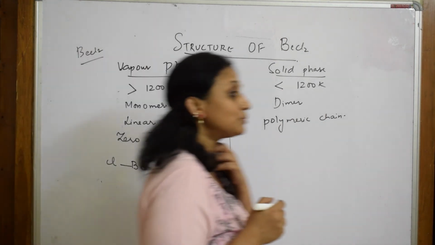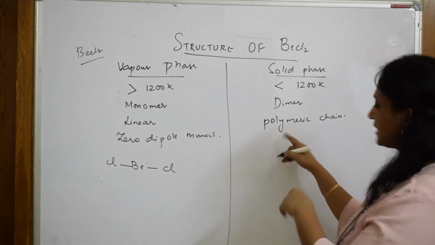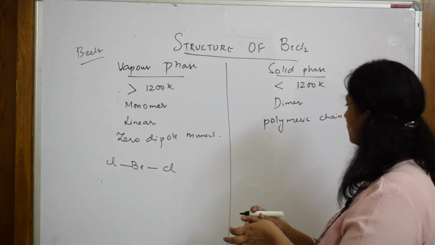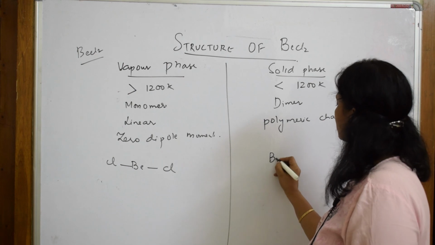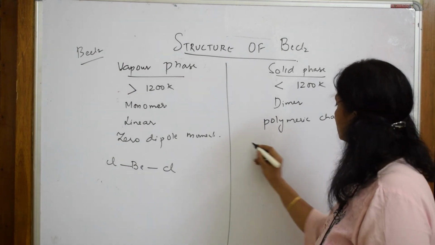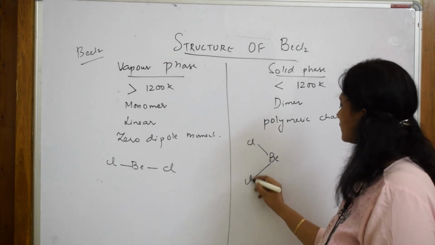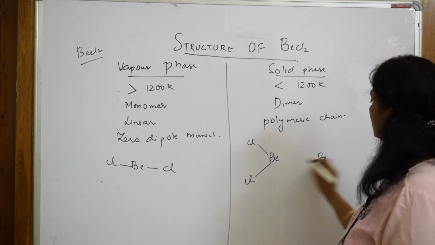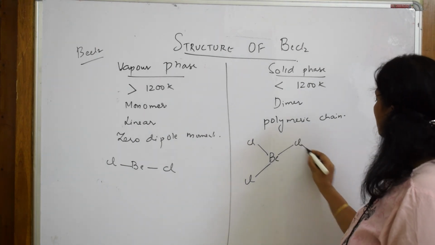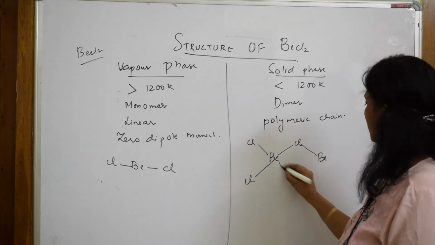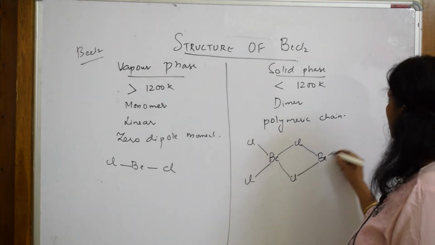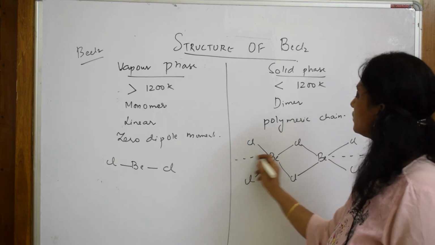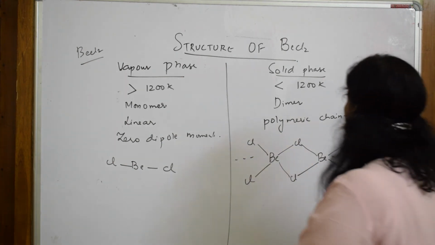Now, the solid phase structure, I said polymeric chains. How is this formed? Beryllium is here, one chlorine is attached here, one more chlorine is attached here. There is one more beryllium right here. Now this is bridged with one more chlorine. Again this is bridged here, and this chlorine and this chlorine. This is how the polymeric chain is formed. Now let us write the bond angle.